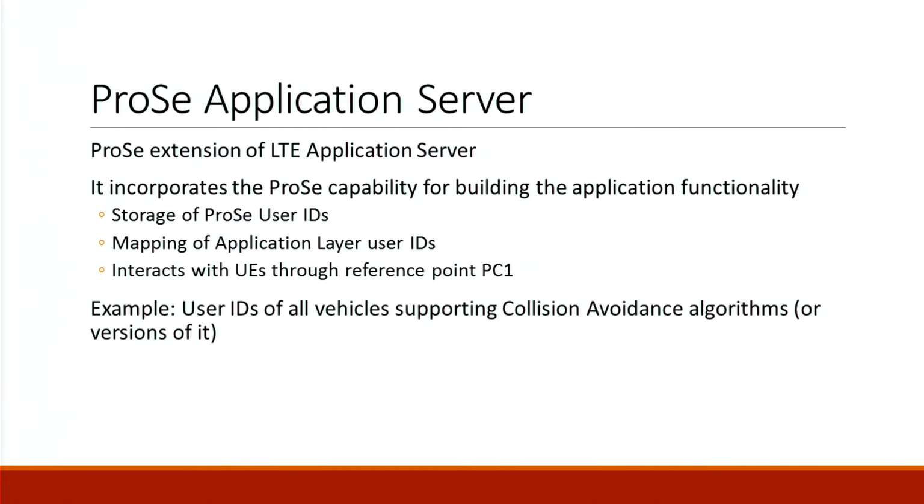Another car uses brake efficiency, it will ask to use this algorithm. And the PROSE application server will need to manage these different cases. How? This is all to be designed. This is all ground for research right now. So all this information, like who's using, what capabilities they have, all this will be stored in the application server.